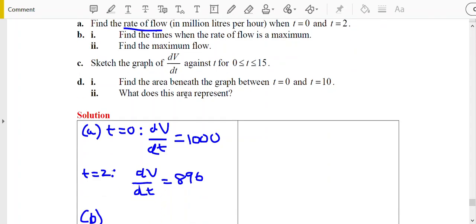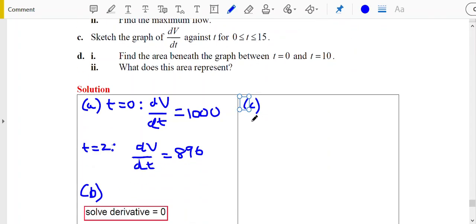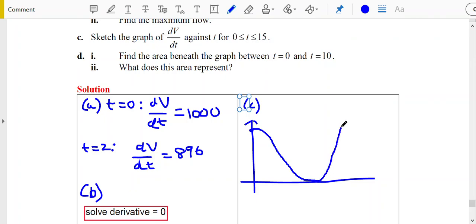Sketch the graph. So we've already done that on CAS. Okay, so you would need to construct the graph, which starts up here at a max and comes down, has a minimum, comes up and then stops at 15.